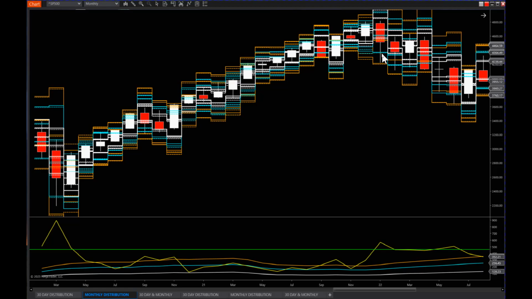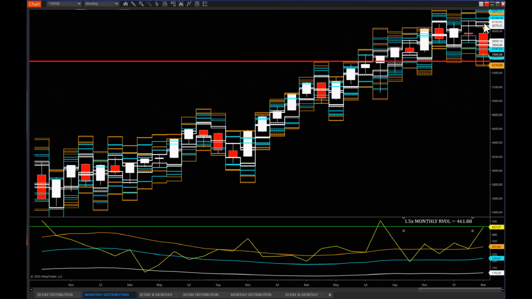So you can run these distributions on monthly or weekly or 30-day or 7-day or 1 day. You can mix your distributions up and try to get a glimpse of where the dealers are positioned and how they're moving their market around inside those option expirations of corresponding expirations.